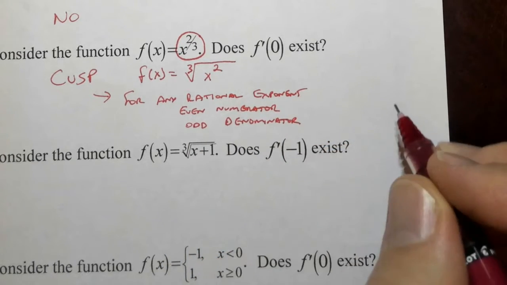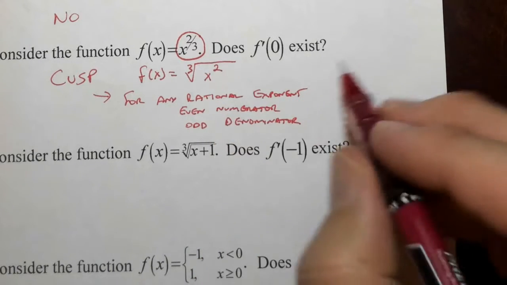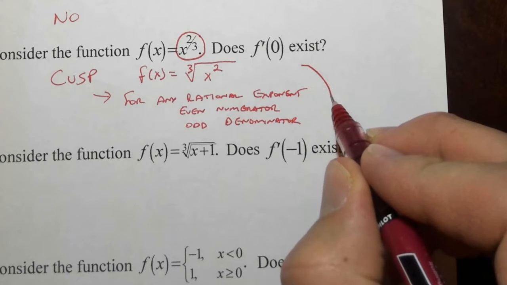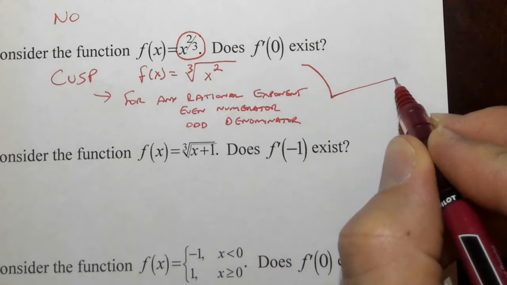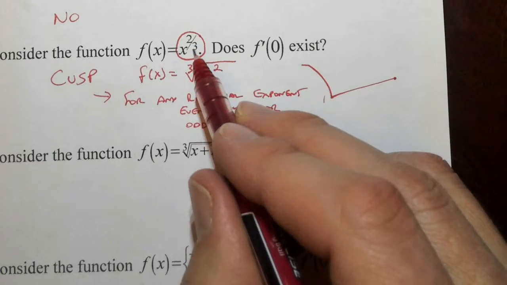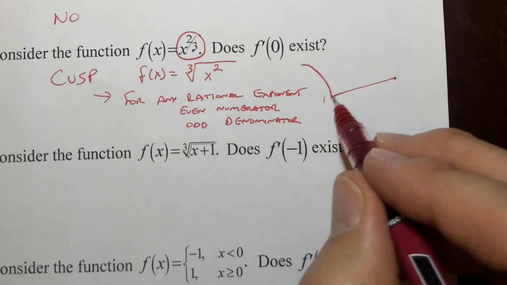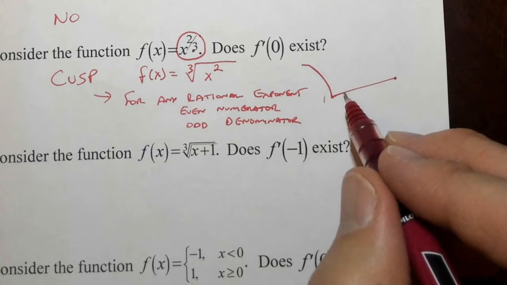Okay, and so what ends up happening again, and actually, cusps can happen in multiple ways. We can also have a cusp which looks like it can be curved, and then it shoots off with a line. Now this is not a cusp that's caused by an even numerator and an odd denominator in the exponent, but it's a curve combined with a line segment. This is actually a piecewise defined function.